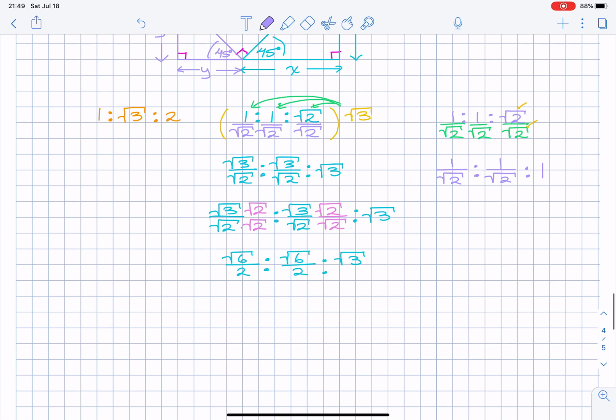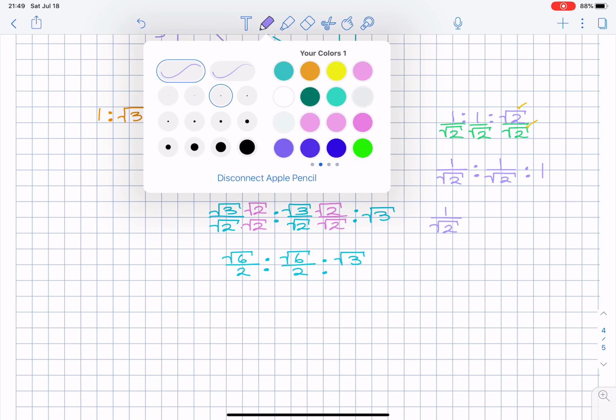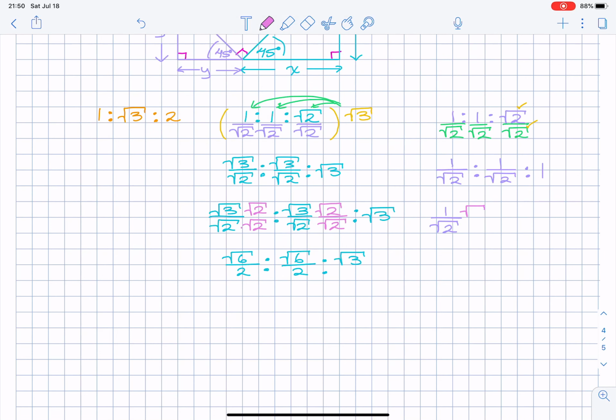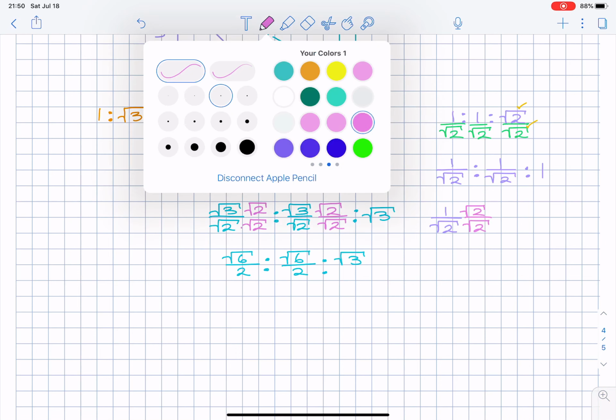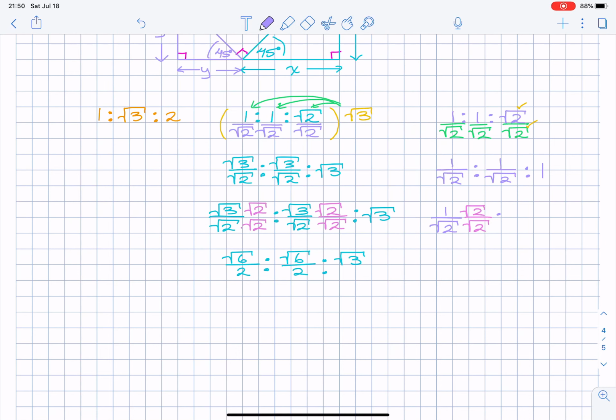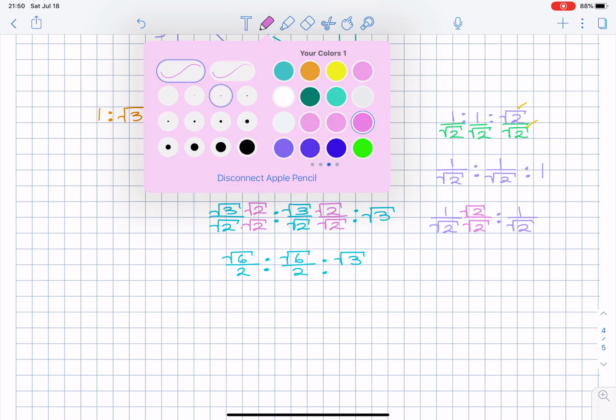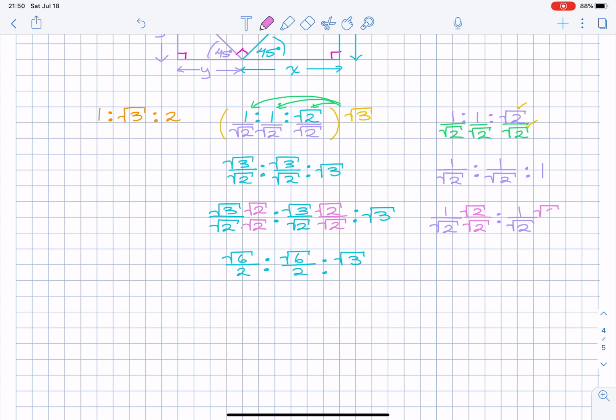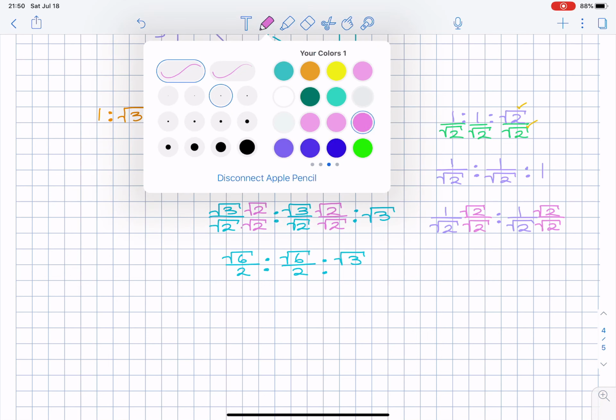But in order to rationalize, I would need to multiply top and bottom by the square root of 2. So square root of 2 over square root of 2, to 1 over the square root of 2, to 1.